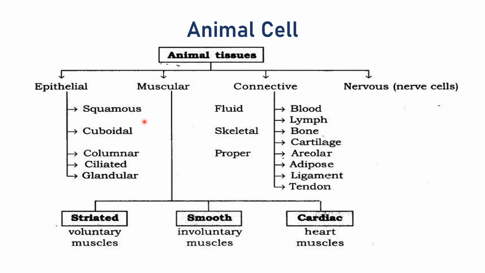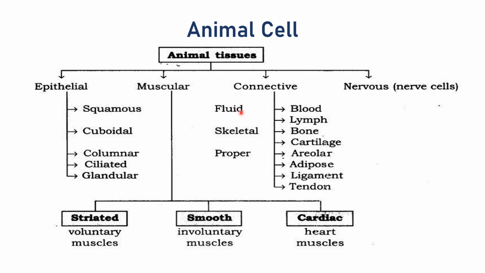In the next session we are going to deal with the epithelial tissues and different types of epithelial tissue. Under the muscular tissue we will be studying striated muscles, smooth muscles and cardiac muscles, right? And then under the connective tissues we have to study fluid, skeletal and proper.